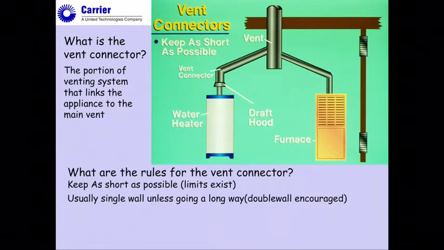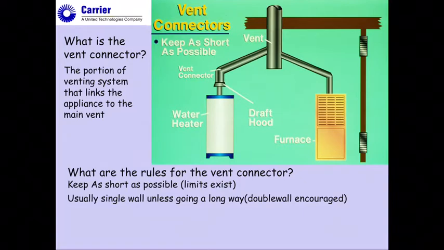With a vent connector, typically a lot of people will try to use single wall, simply because single wall is so much easier to work with for cutting or trimming it to get it to the exact length that you need. Whereas with double wall, you don't really have any adjustability, so that can be a little bit of a challenge.